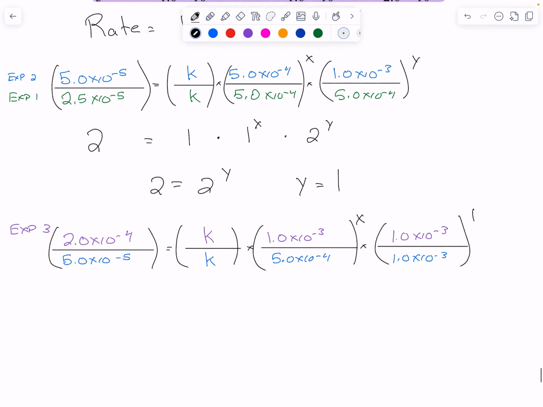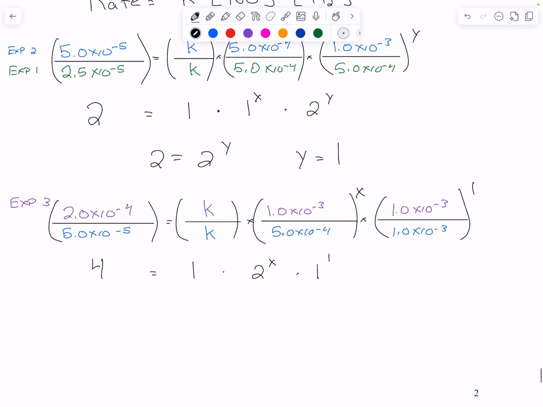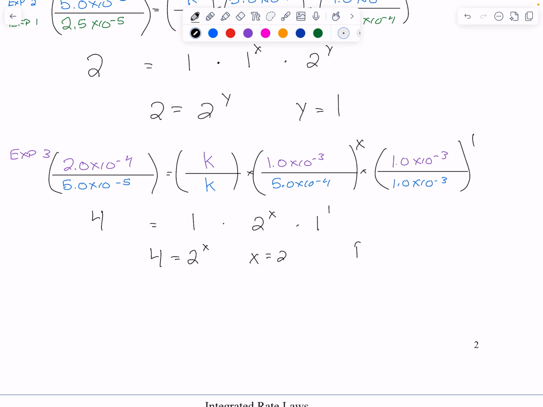So if we do the math here, this looks like we get 4 equals 1 times, that would also be what? That would just be 2 to the x power times 1 to the first. So that means 4 equals 2 to the x power, so x is 2. So that means the rate law would equal K times concentration of NO squared times concentration of H2.